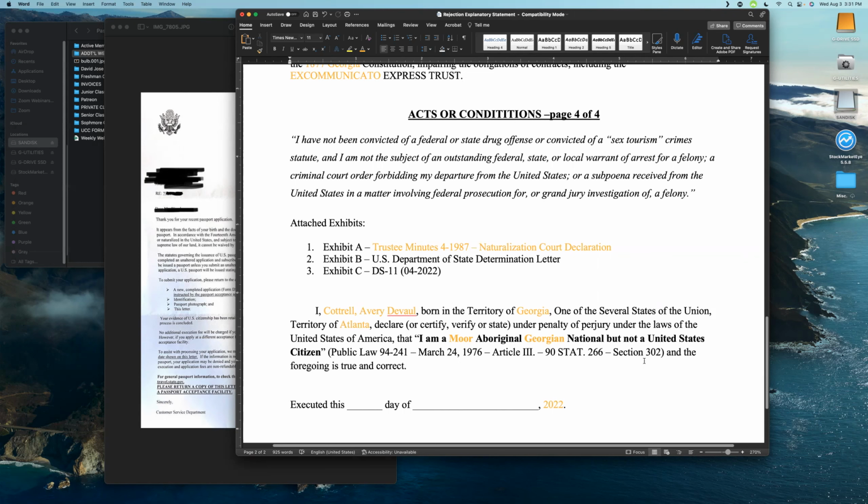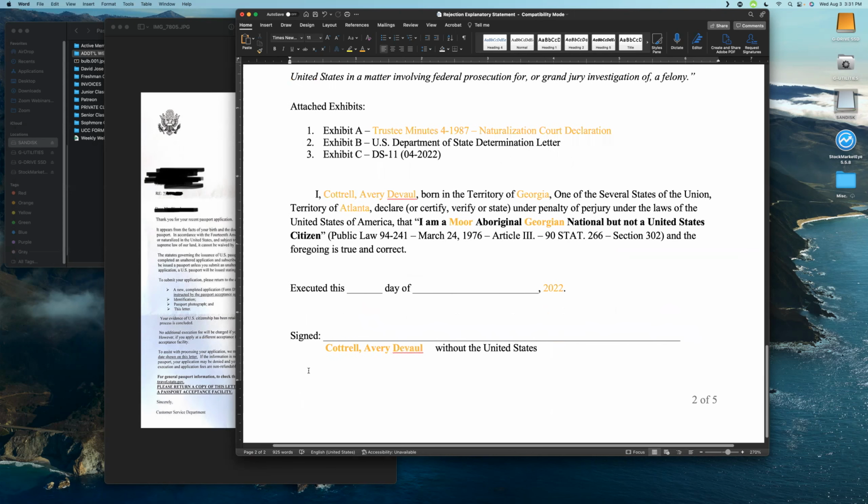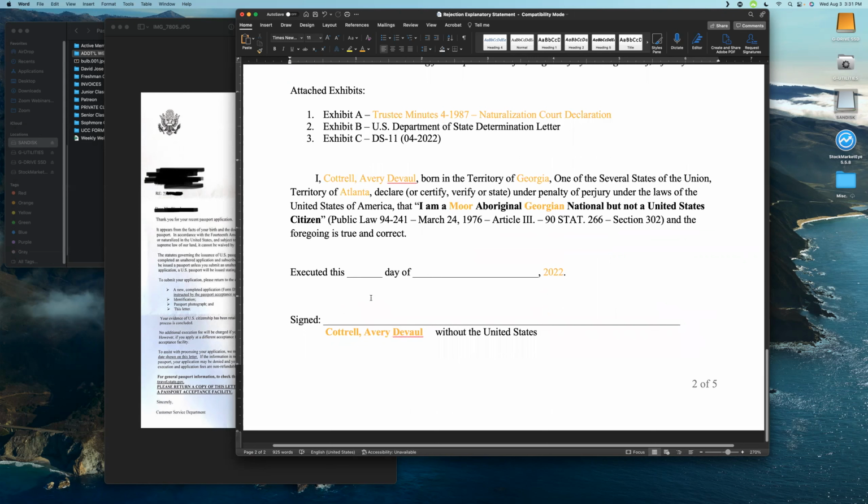And here's the public law. And the foregoing is true and correct. You don't need to get this notarized. Simply sign it. And here we go, without the United States.